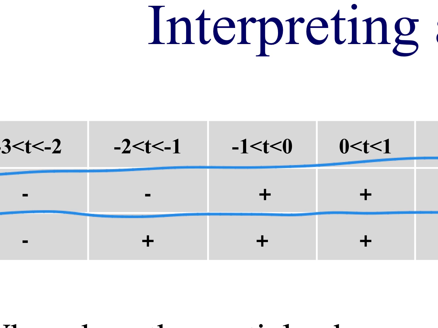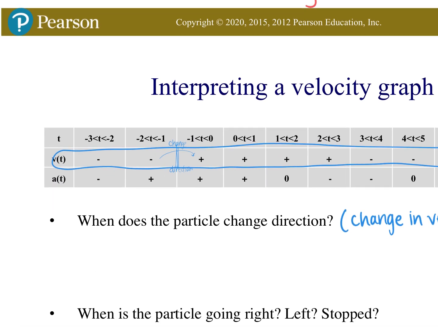I don't have -1 exactly, but what I presume is happening at -1, right here in the middle, is that it's changing direction, because it was a change from negative to positive. So at t equals -1, the velocity changes sign.